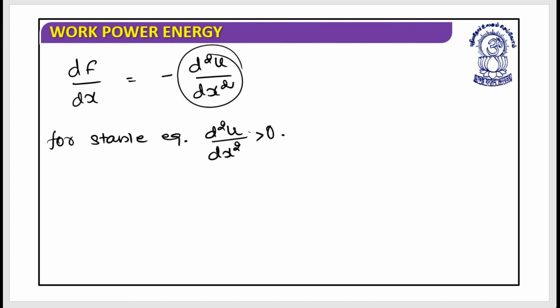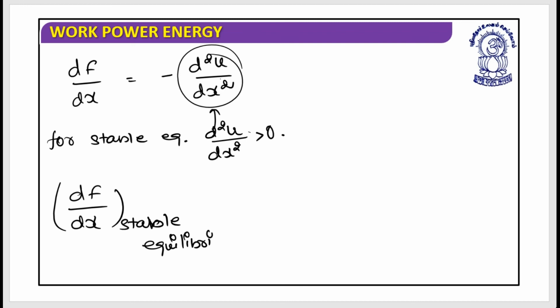So when this term is greater than 0, which is going to be multiplied by a negative number, I can say that df by dx for the stable equilibrium is less than 0. You need to remember two conditions.